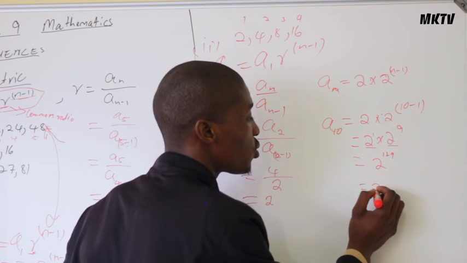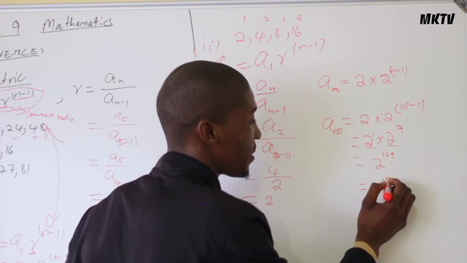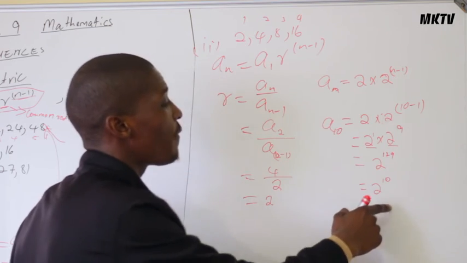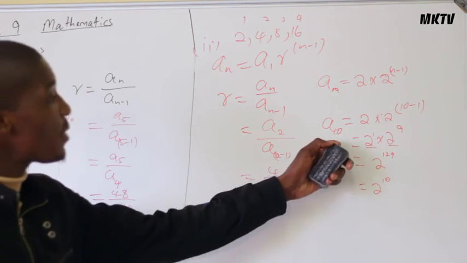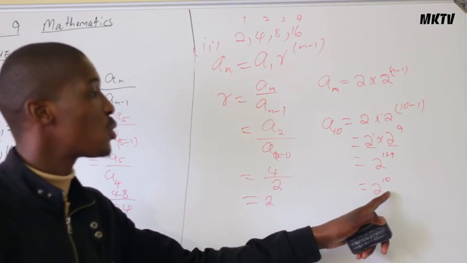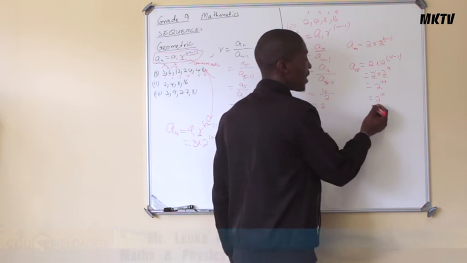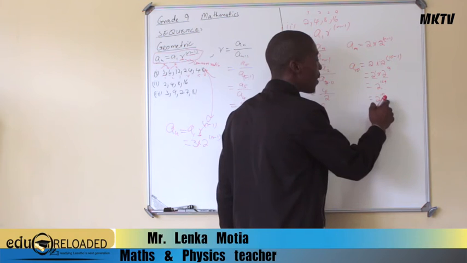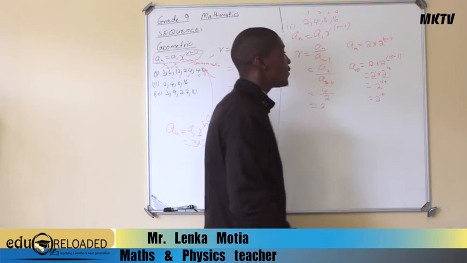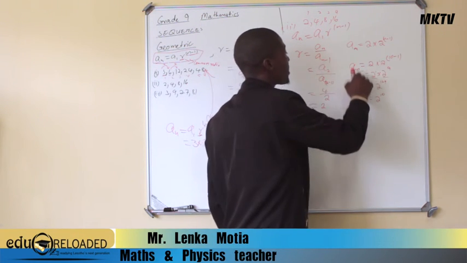Then we get 2 to power 10. Your 10th term would be 2 to power 10. What's left for us now is to find 2 to power 10, and that value would be our 10th term.